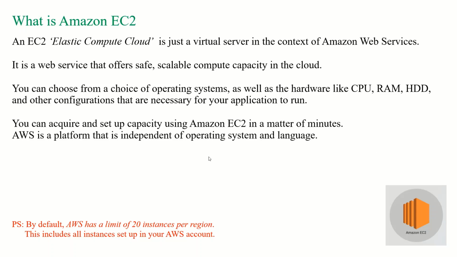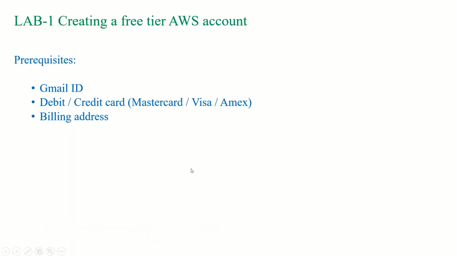And in today's class, we are going to create a virtual machine and we'll be performing a few tasks. Next, we will get onto a lab, and I hope all of you have completed the first lab exercise, creating a free tier AWS account. The document was already shared, and let us not go in depth in creating a free tier account.